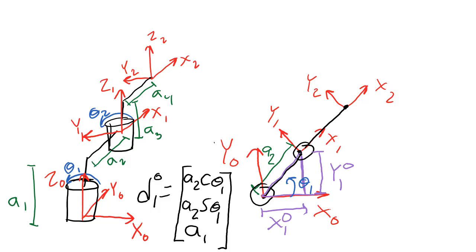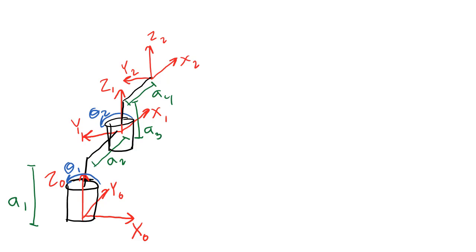Now, could we find the displacement vector d12, the displacement of frame 2 inside frame 1? In order to do that, I'm going to ignore everything that happens before frame 1 and only look at the situation from frame 1 to frame 2. Suppose that we look down on this manipulator and look only at frame 1 and frame 2.